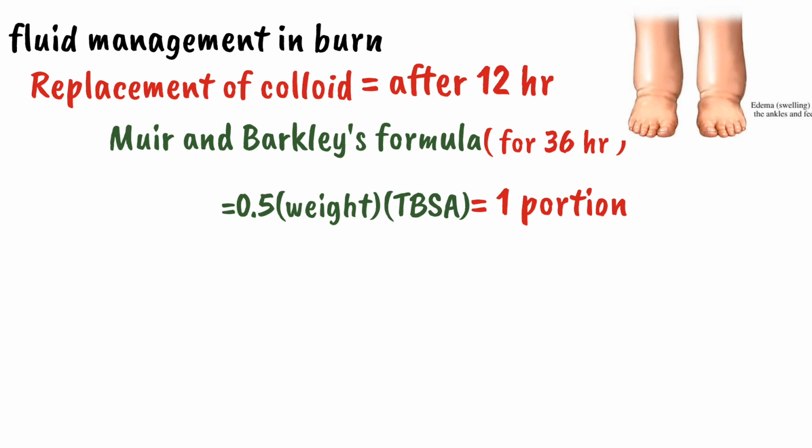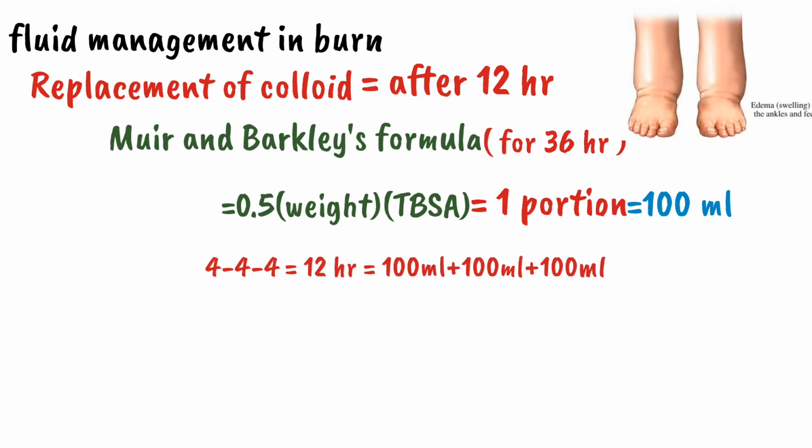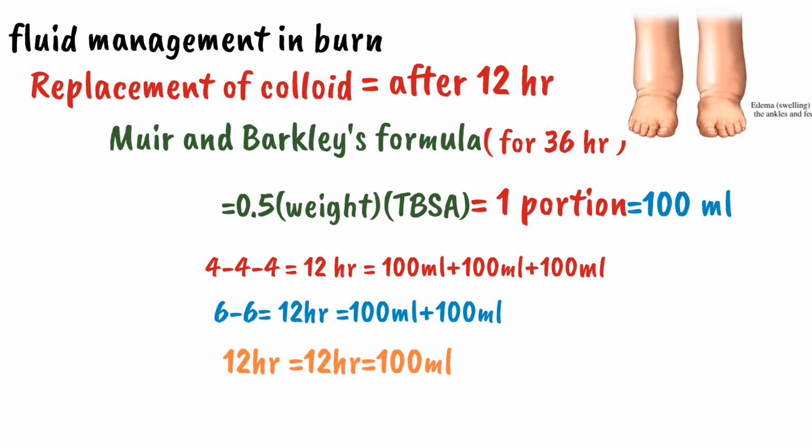For example, if we calculate 1 portion and it becomes 100 ml, the 100 ml in the first 12 hours should be given at an interval of 4 hours. So 100 ml should be given in the first 4 hours, then 100 ml in the next 4 hours and the next 100 ml in the next 4 hours. After 12 hours it should be repeated at an interval of 6 hours, and for the last 12 hours the 100 ml should be given over a duration of 12 hours. So this is how we will replace a colloid in burns.